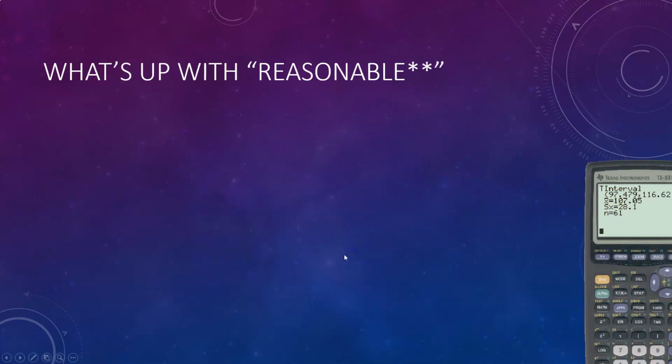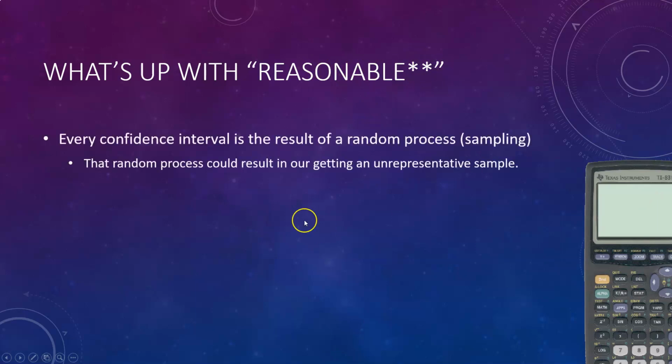All right? Now, what's the deal? Why am I hedging so much about reasonable? Here's the thing. Every confidence interval is the result of a random process. Because I have a sample, from that sample I take a mean and a standard deviation, and I use that to generate a confidence interval.